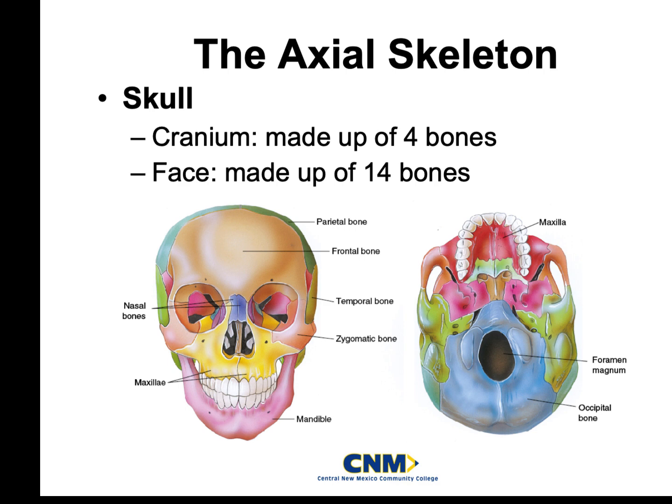The foramen magnum is the only hole in our skull, and what it does is give a way for the spinal cord to enter the spinal cavity, where it's protected by the vertebrae.